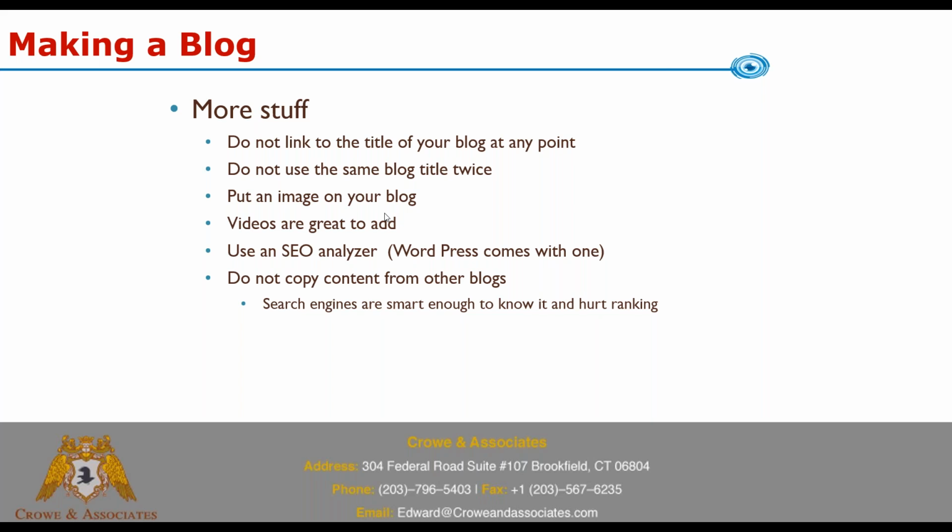Okay, a couple other random things, but things that are important that you need to know when you're setting this up. Never link the title of your blog at any point. If my blog is called Best Medicare FMO, I don't want to hyperlink Best Medicare FMO, because I'm then hyperlinking to my own title. Somewhere in my blog, like in my first paragraph or in my subheadings, it says Best Medicare FMO.